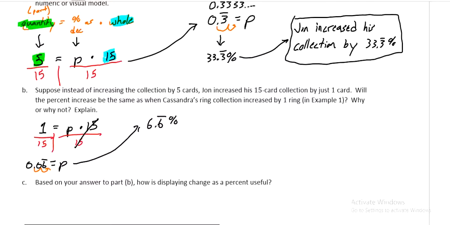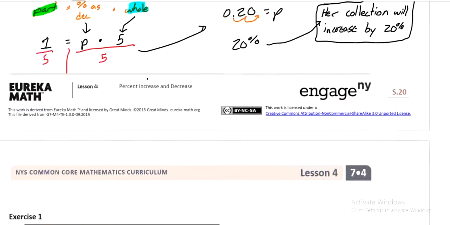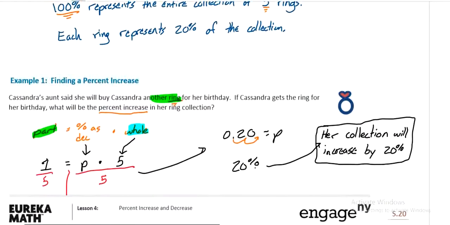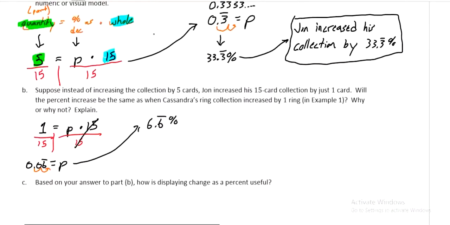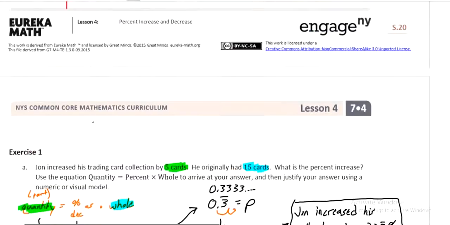All right. So is that the same as when Cassandra's ring collection increased by 1? Well, no, it's not, because this is 6.6 repeating percent. In that case, her collection increased by 20% when she added one more ring. So what's the difference here? The difference is that the whole number in John's original collection was 15.